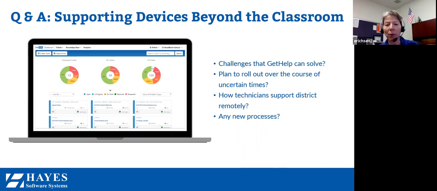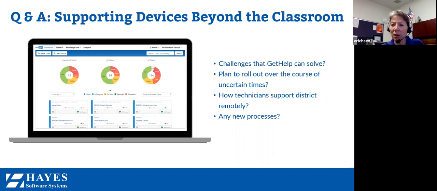With Get Help, as the tickets come in, it can automatically assign a particular tech depending on the email address of the person submitting the ticket, but it doesn't have to, and it's easy to reassign. It's also really easy for me to hop on a particular subject, even if it's almost a smaller project. I throw the subject matter on there and attach that particular person to the ticket, and then the conversation is all documented in there.